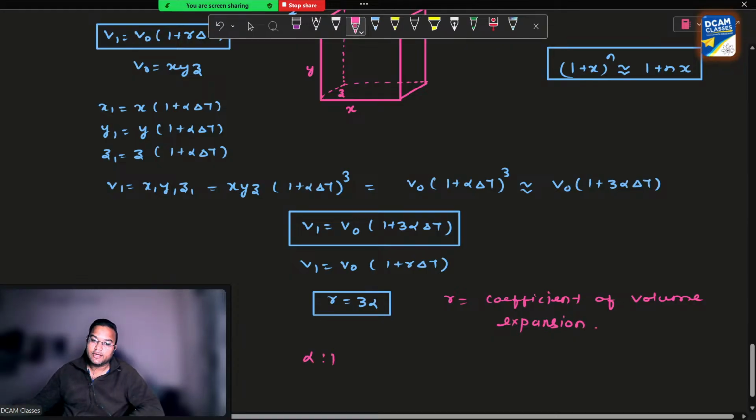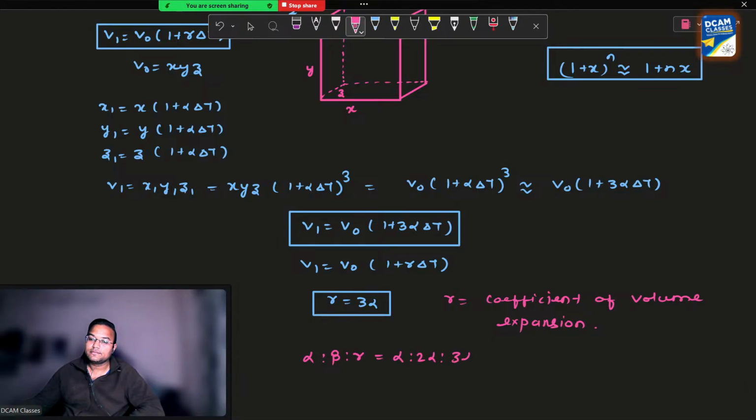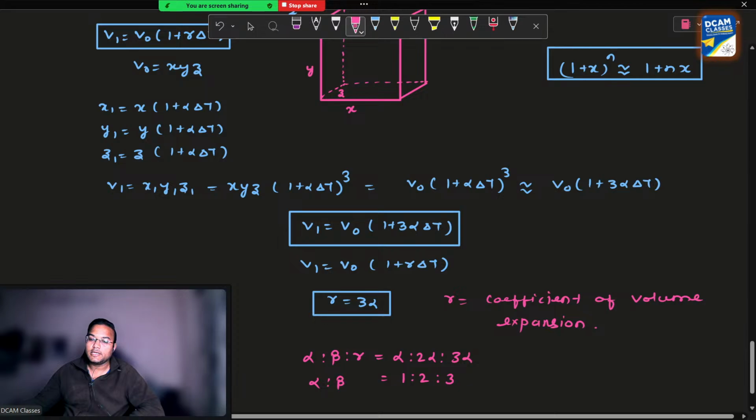So the relation alpha is to beta is to gamma is equal to alpha is to 2 alpha is to 3 alpha, which is 1 is to 2 is to 3. This is the relation between alpha, beta and gamma.